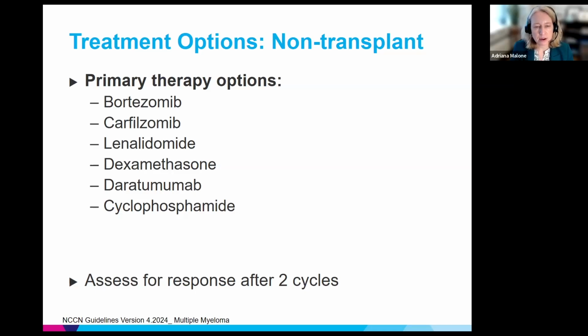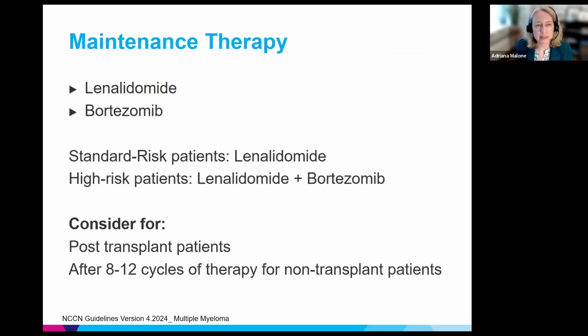So once we begin therapy for patients, we reassess their response after 2 cycles. If a patient is eligible for transplantation, at that point, they will be considered for stem cell collection and will pursue transplant. If a patient is not eligible for transplantation, they will continue with their initial induction therapy, and then both groups of patients will segue to maintenance therapy.